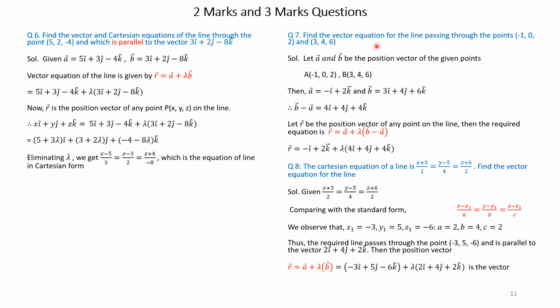In this question number 7, both the 2 points are given and we have to use the formula for when 2 points are given: vector r is equal to a plus lambda into b minus a. Similarly, in the last question, neither a nor b is given, but the equation is given in the standard form, x minus x1 by a equals y minus y1 by b equals z minus z1 by c. So you have to practice it, then only you will know the problem.